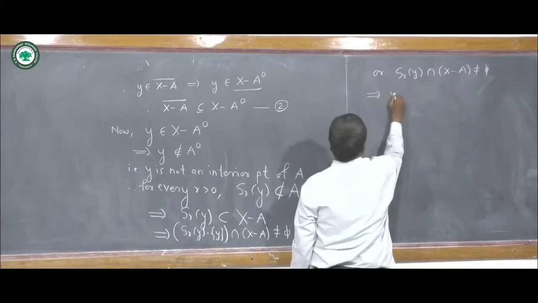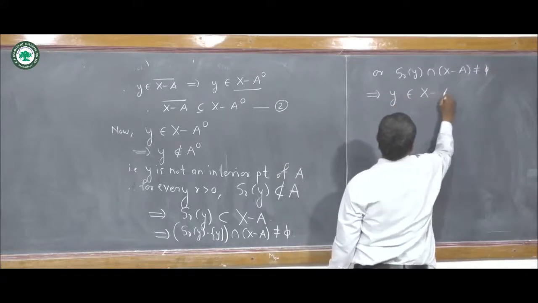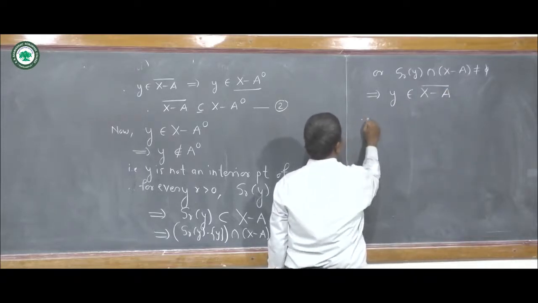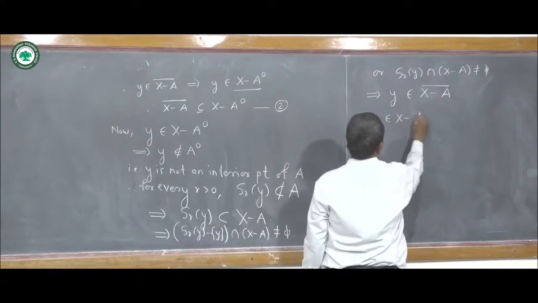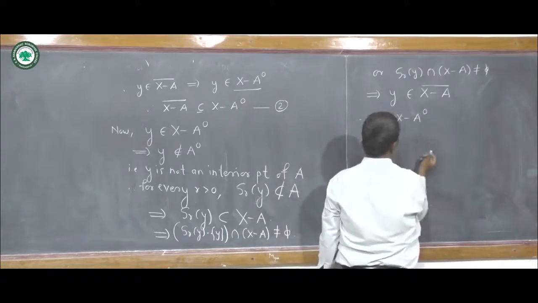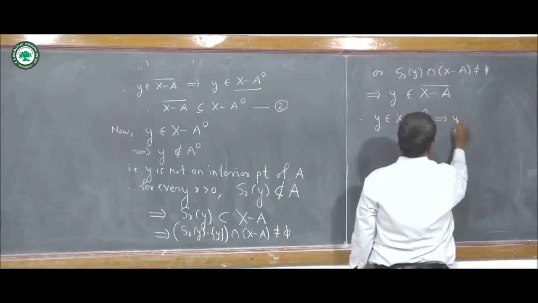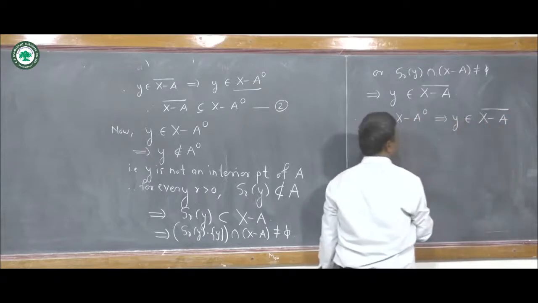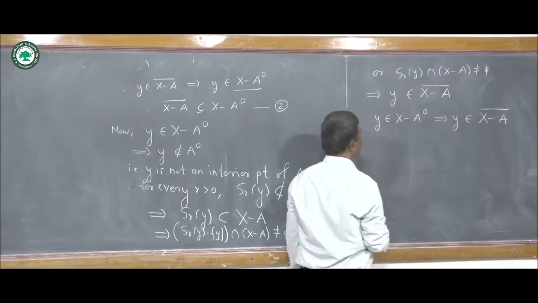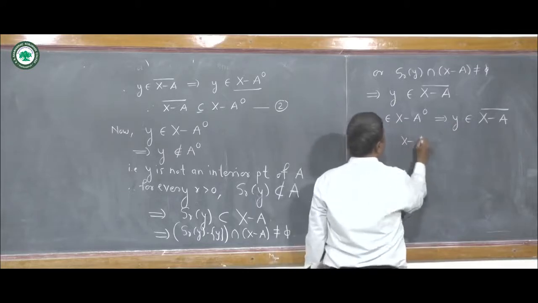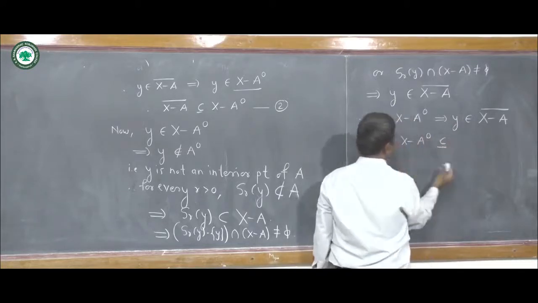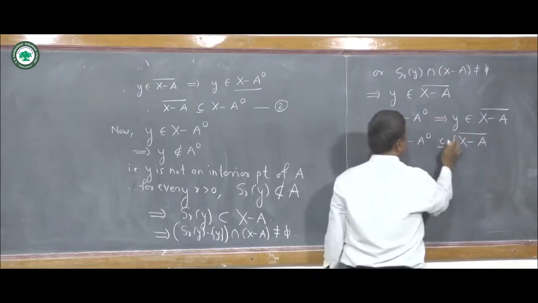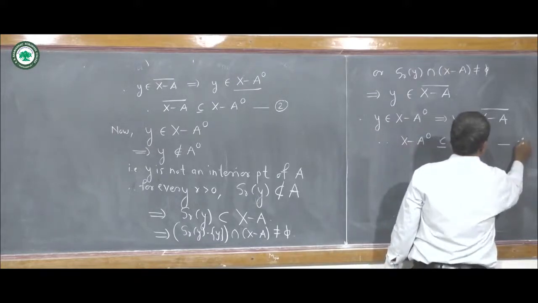So this implies that y belongs to the closure of the complement of A. Therefore y belongs to the complement of interior of A implies that y belongs to the closure of the complement of A. So the closure of complement of A contains the complement of interior of A. Call this 3.